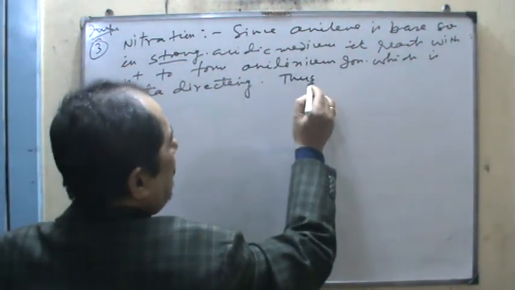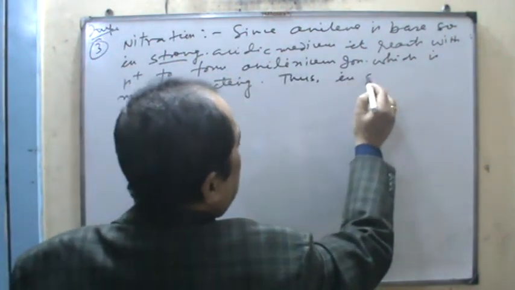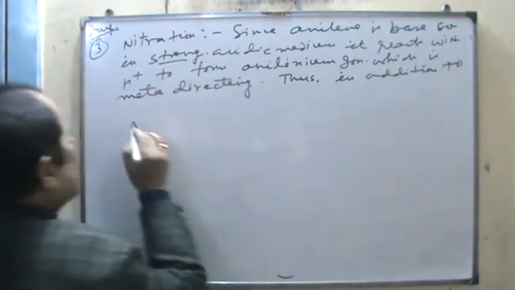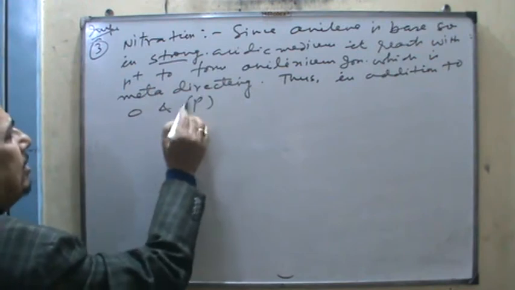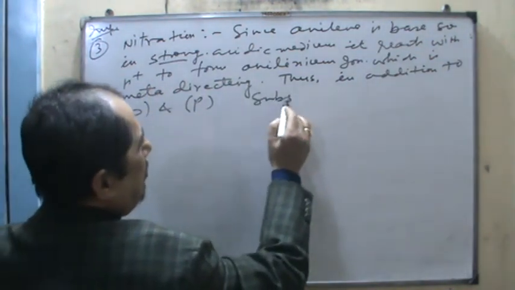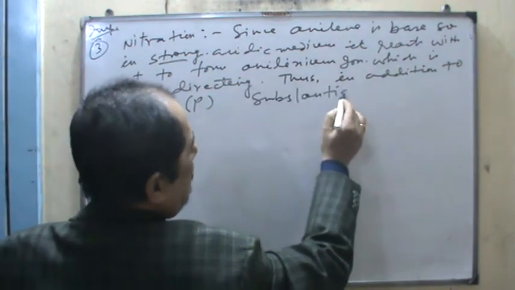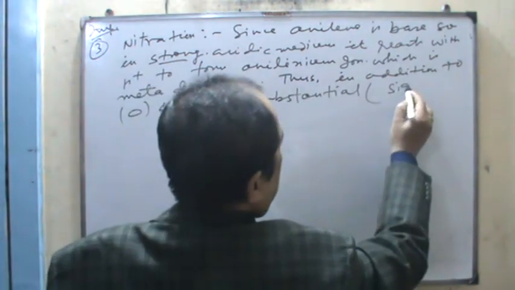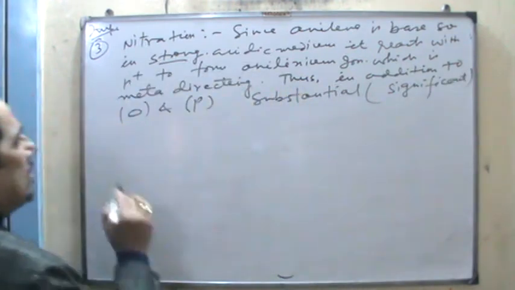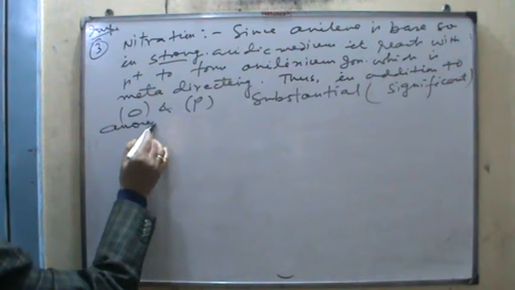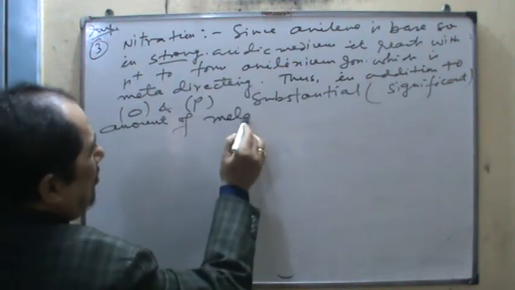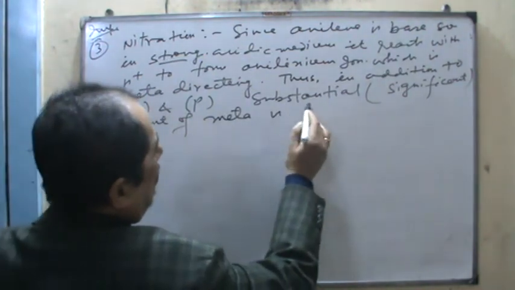Thus, in addition to ortho and para, a substantial, or you can say significant, amount of meta is formed.